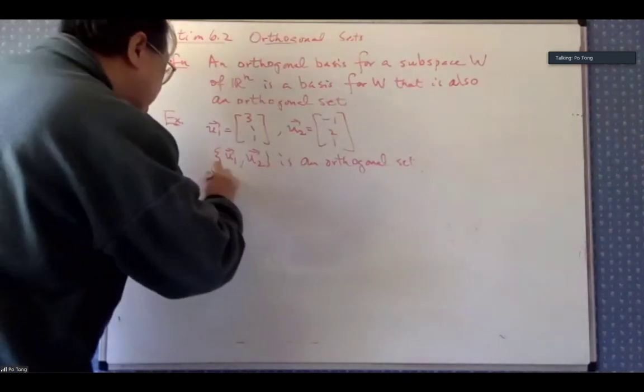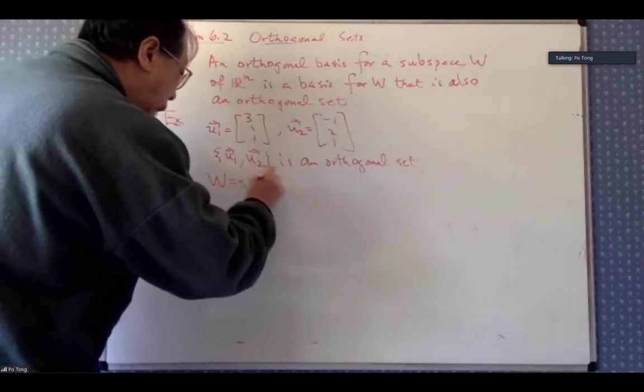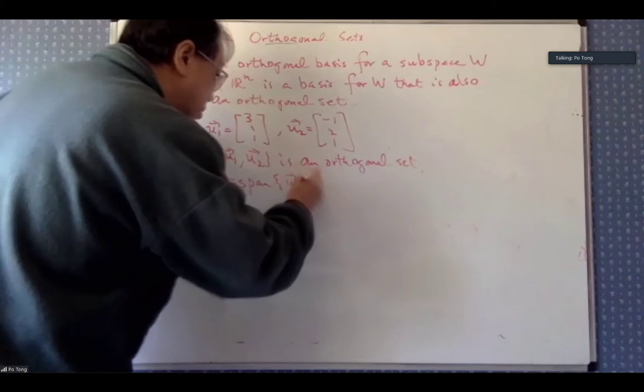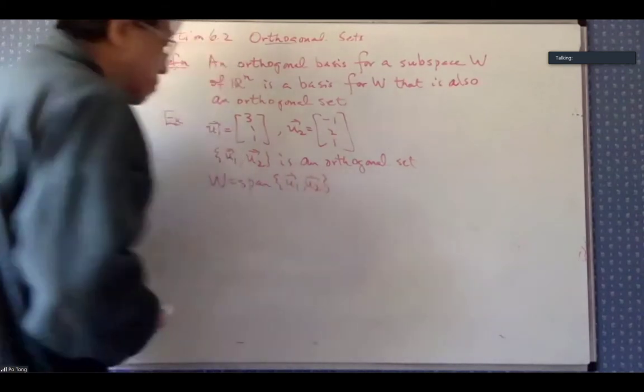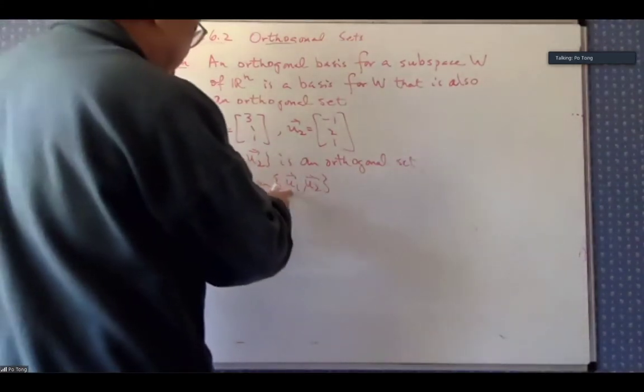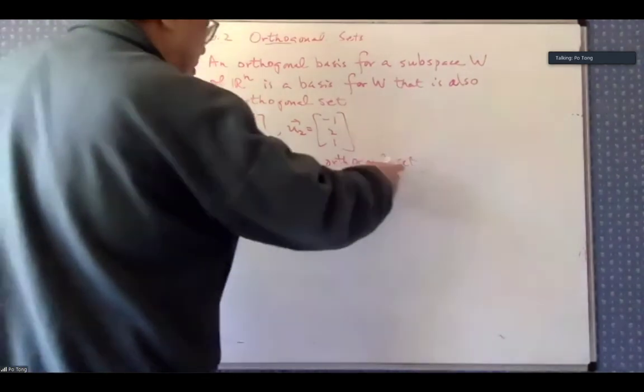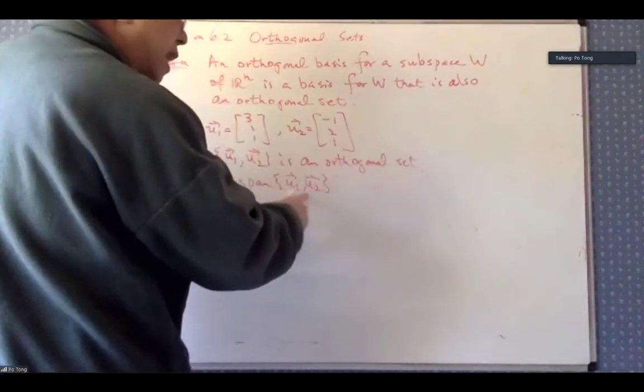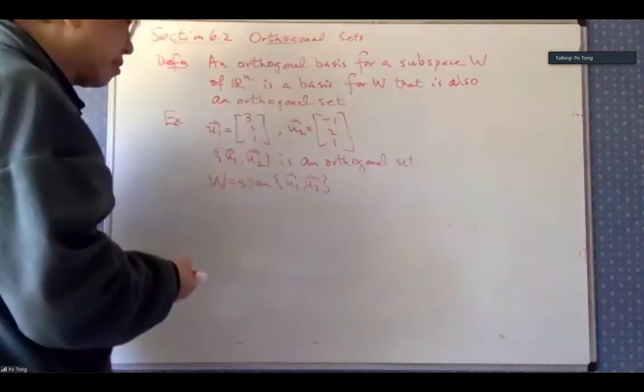Now if W is the span of U1, U2, then because these two are orthogonal, these two are linearly independent also, just because of the theorem.